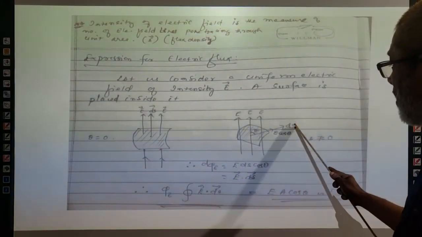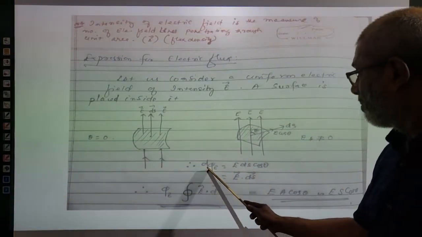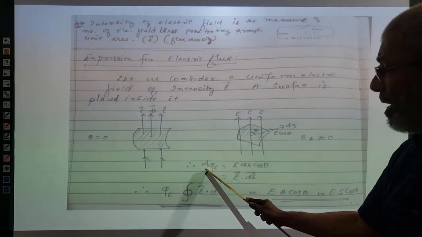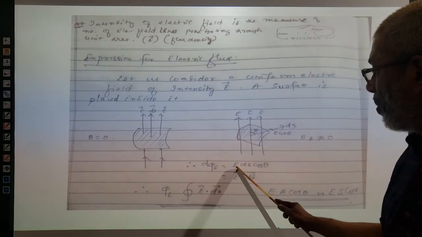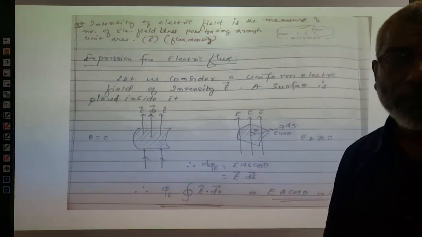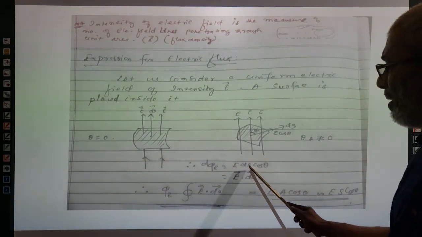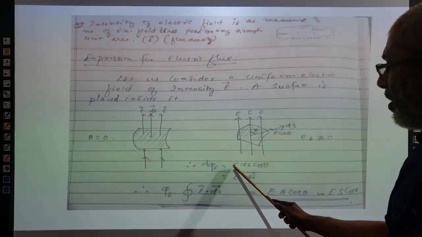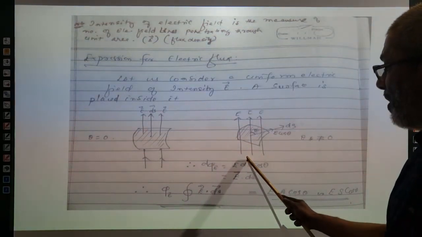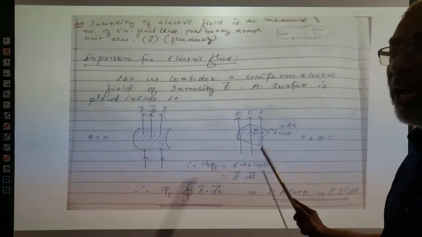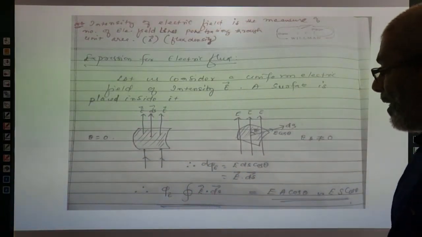Therefore, along the direction of the normal, the electric flux d phi, for a small area, is d phi equal to E ds cos theta. E is a vector quantity, ds is a vector quantity. This is just like we have already studied A B cos theta, which we write as A dot B. In the same way, d phi E is equal to E dot ds.